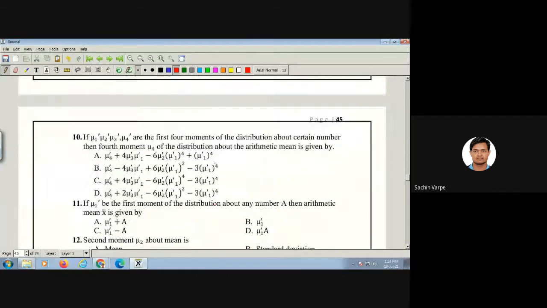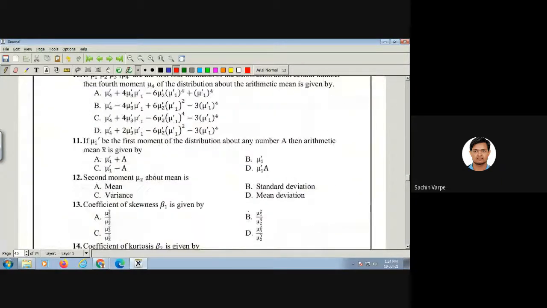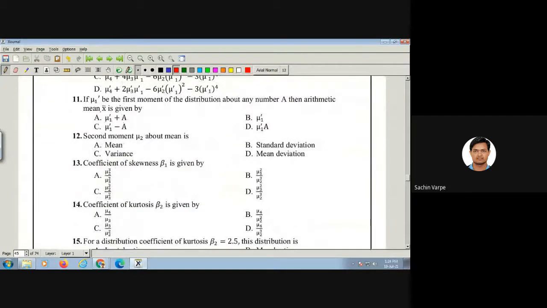So with the help of the same formula, we have been asked a few questions further. If mu1 dash be the first moment of a distribution about any number a, then the arithmetic mean is given by, that is actually x bar.